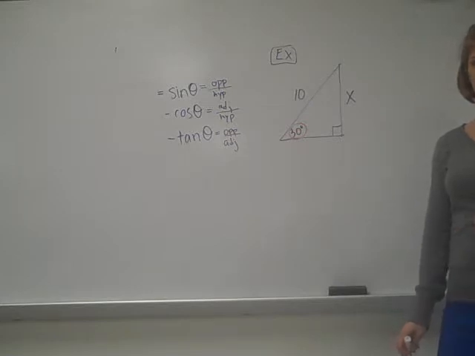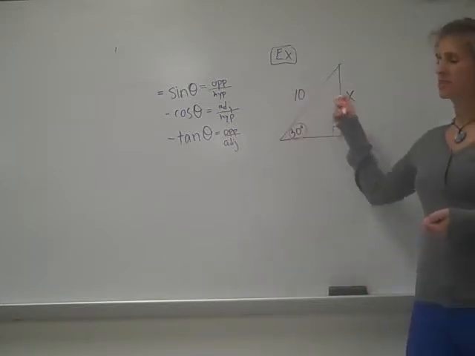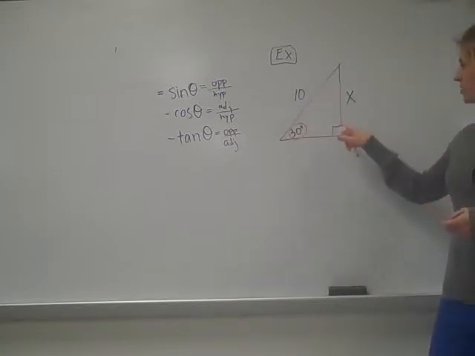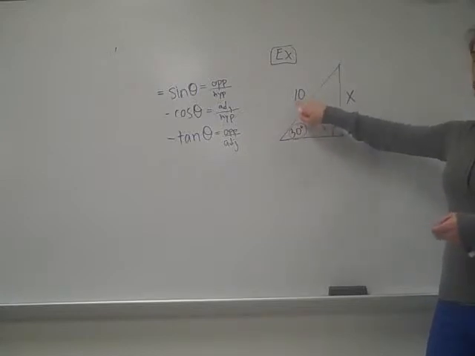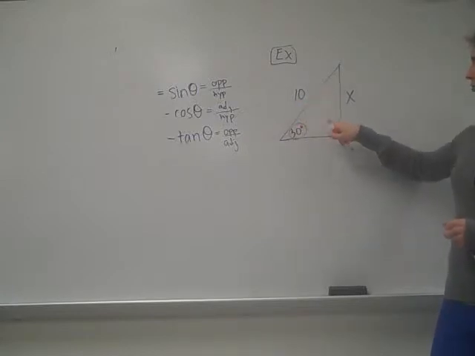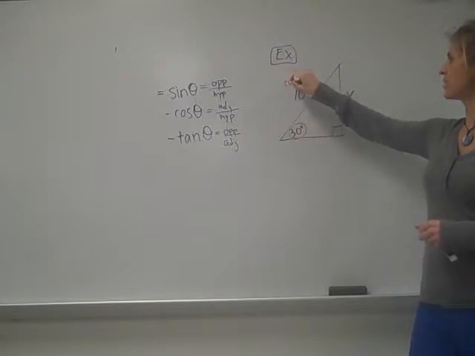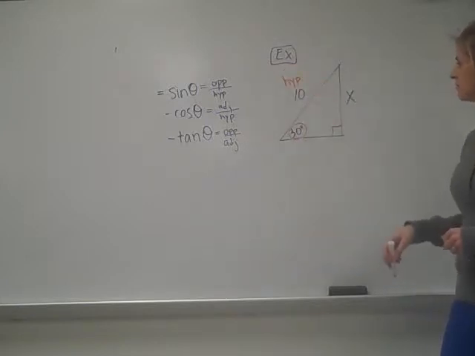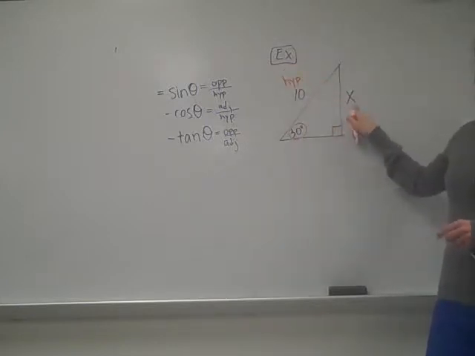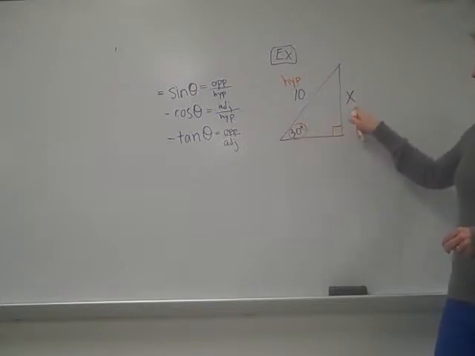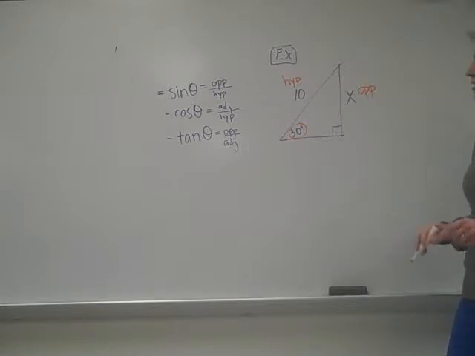I figure out what two sides I want to deal with. Since I know this, I want to use this side. It's across from the 90-degree angle, so this is the hypotenuse. This side is what I'm trying to find. It's across from the angle that I picked, so this is called opposite.